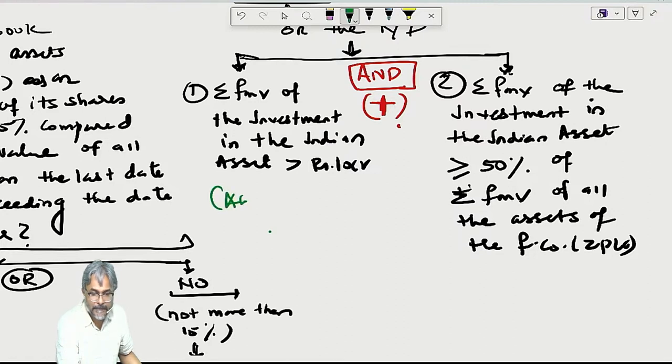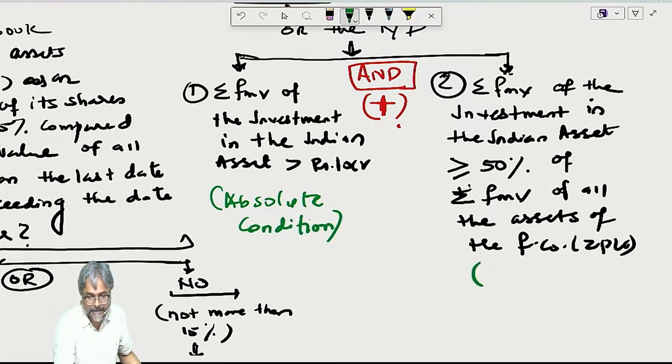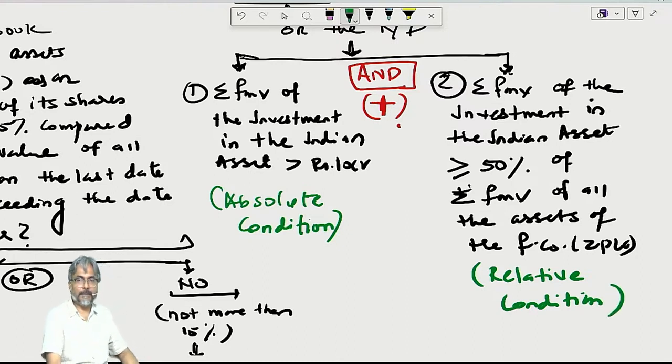This, students, is the absolute condition, whereas this is the relative condition. Do you all agree?